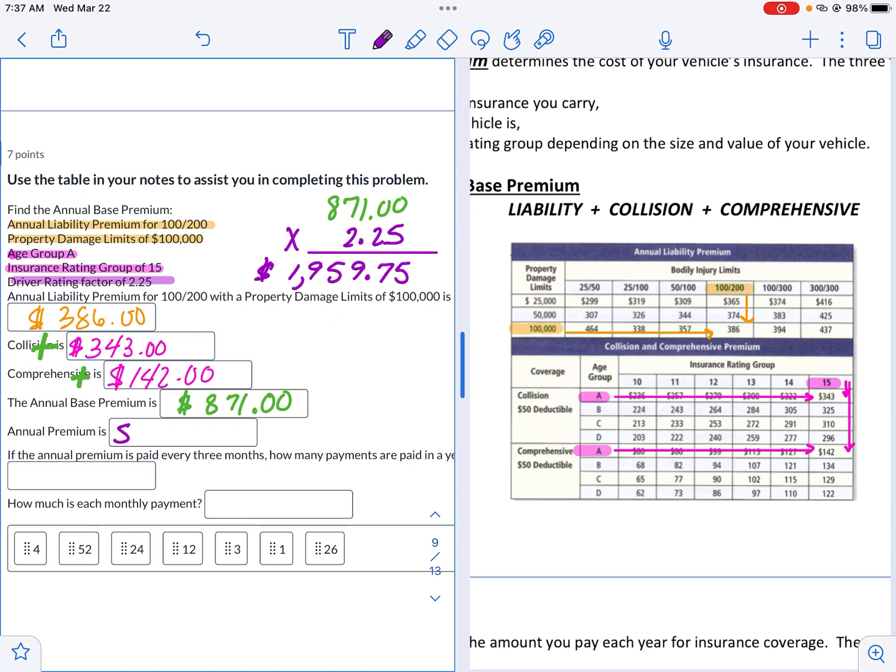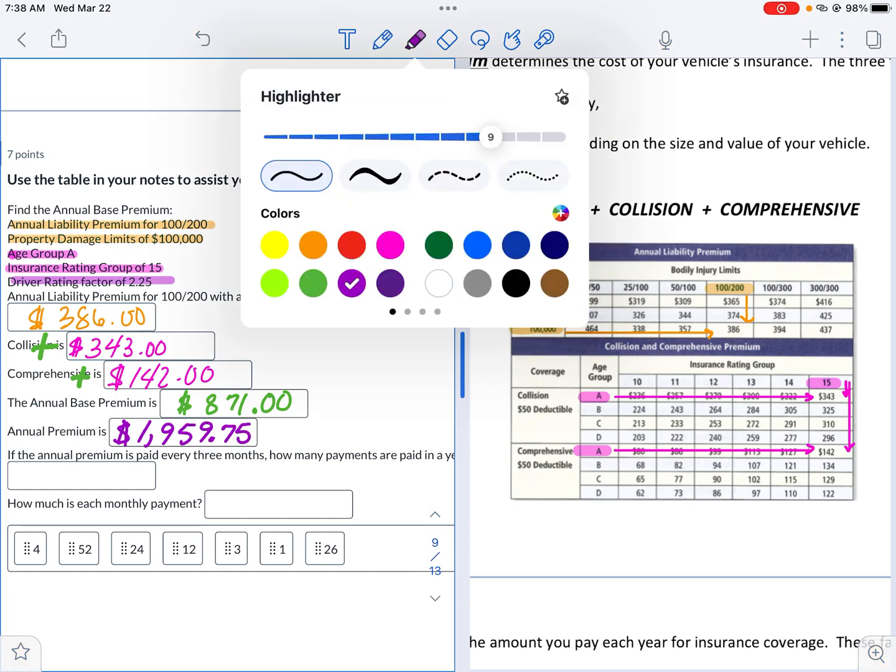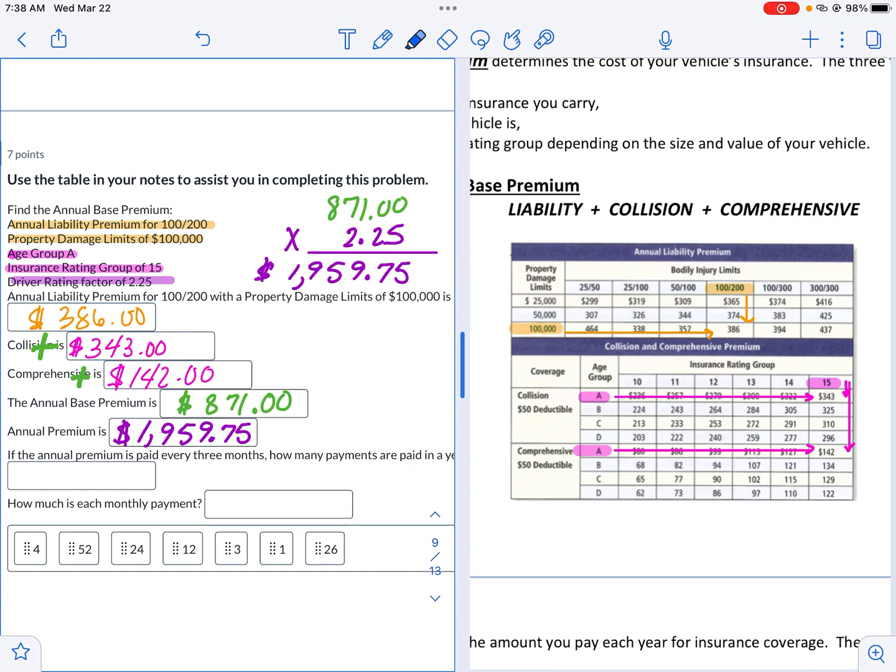So my yearly car insurance is $1,959.75. And I agree that I'm going to make a payment every 3 months.